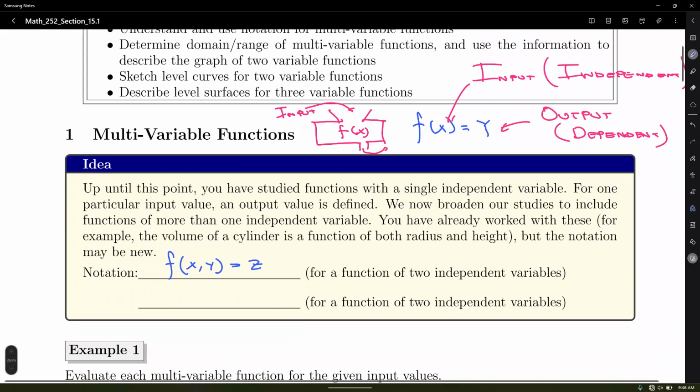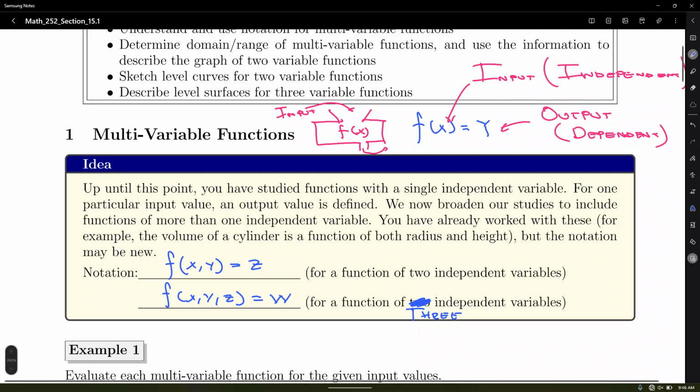So add a third variable, f of x, y, z, equals, typically for a three variable function, we call this a w function. Of course, by the way, there's a little typo here. This is not supposed to be a 2, but actually 3.